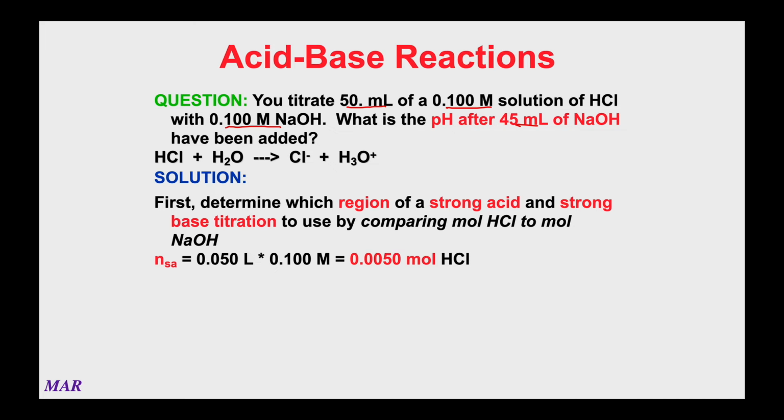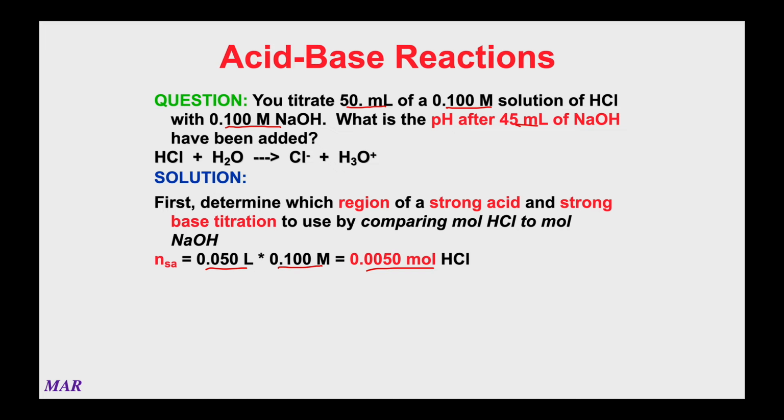So what we're going to do is that volume times concentration thing I mentioned earlier. We're going to take the volume of the strong acid in liters, 0.050 liters, multiply it by the concentration, 0.0050 moles of HCl. And again, that number will not change for this lab.